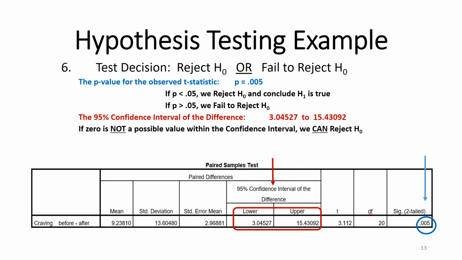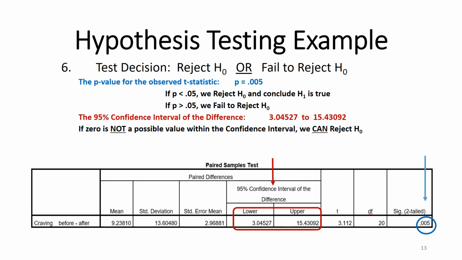And as I mentioned before, just like with the independent samples t-test, for the paired samples t-test, you can find that p-value for the observed t-statistic by looking at the Sig. (2-tailed) column. And you'll see that I've got it marked in blue. The Sig. (2-tailed) gives us a value of 0.005. So we have a p equal to 0.005.